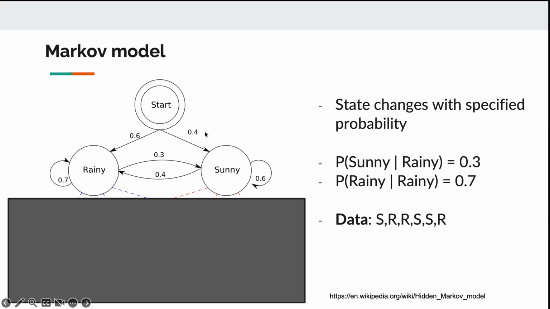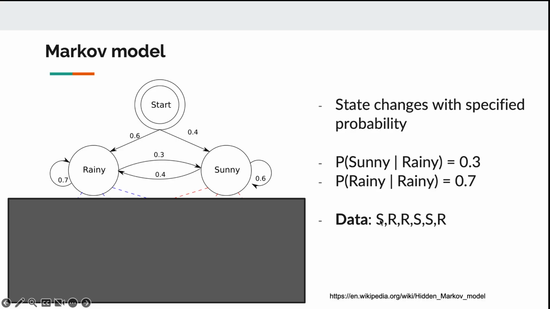Notice how these probabilities sum to 1. 0.6 and 0.4 sum to 1, 0.7 and 0.3 sum to 1, 0.6 and 0.4 sum to 1. So the arrows that point out from each state, either to itself or to the other state, have to sum to the total probability, which is 1. And in this case, there's nothing hidden. This is not a hidden model.